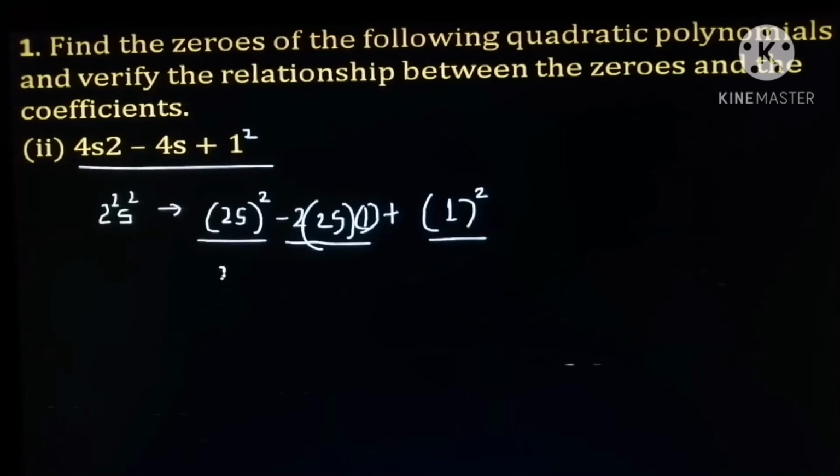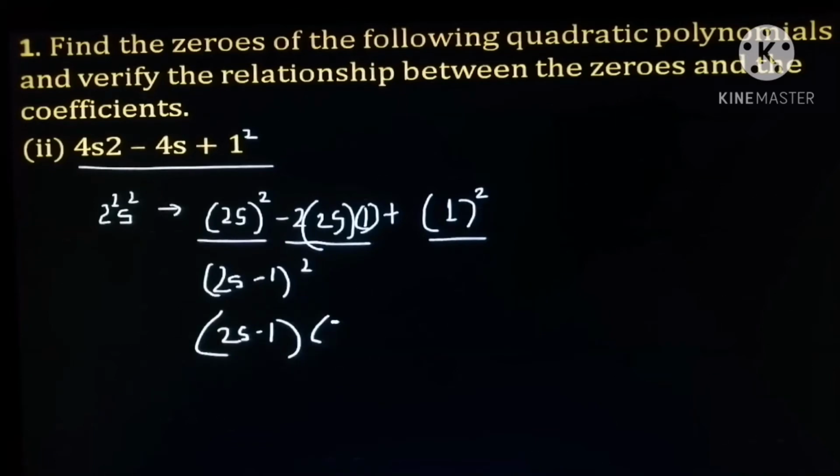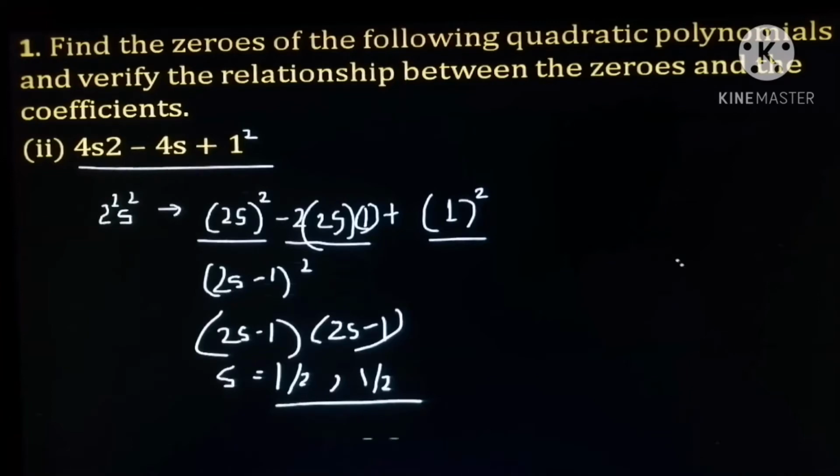So this will give you the identity of 2s minus 1 whole square, that is equal to 2s minus 1 into 2s minus 1. As you can see, 2s minus 1 equal to 0 gives s equal to 1 by 2, and from the other factor also s is equal to 1 by 2. So your alpha and beta both are halves.